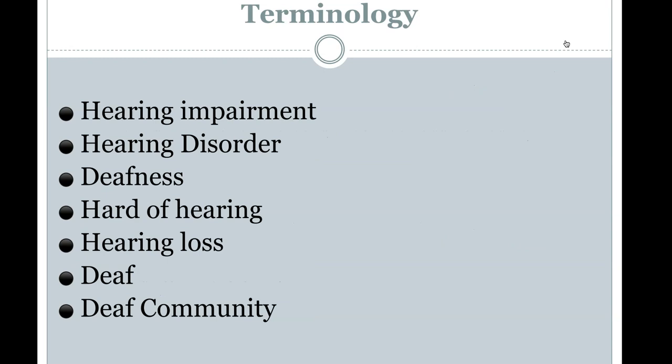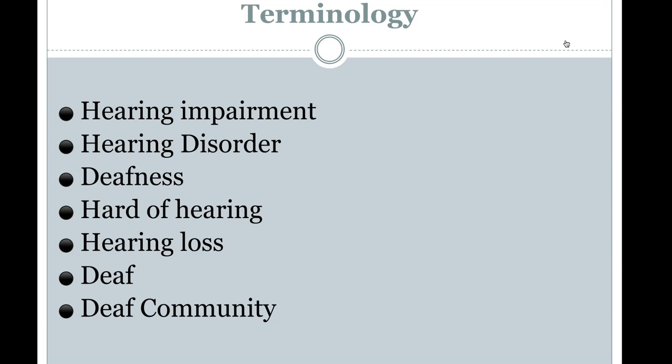So your book talks about lots of different terms that can be used: hearing impairment, hearing disorder, deafness, hard of hearing, hearing loss, deaf, and the deaf community. Right, when we're talking about capital D Deaf, we're talking about the deaf community and people working together as a group.